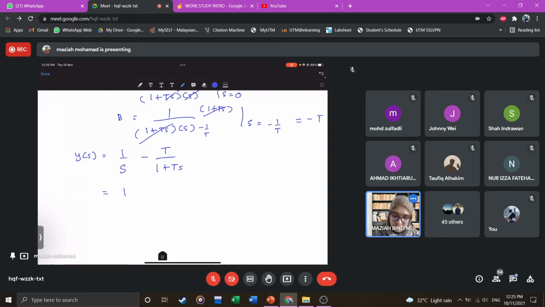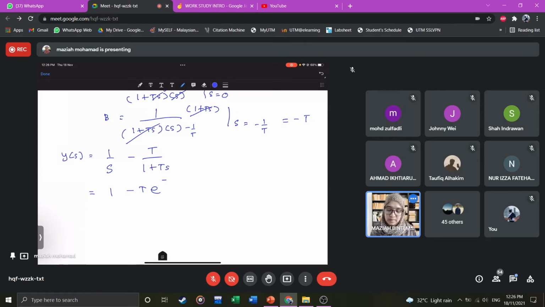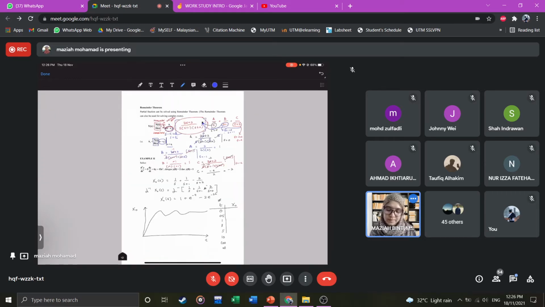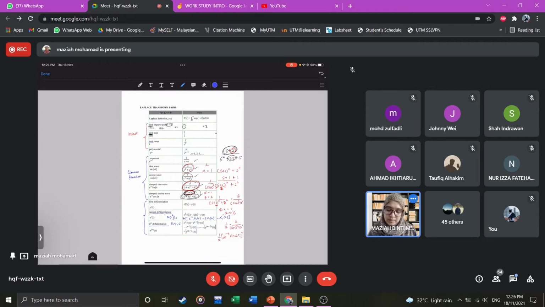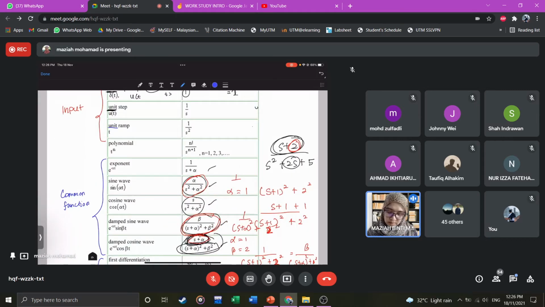Okay, so if we inverse that, we get 1 minus t exponent negative. Refer to the table, our table here. Okay, we have 1 over (1 plus ts).